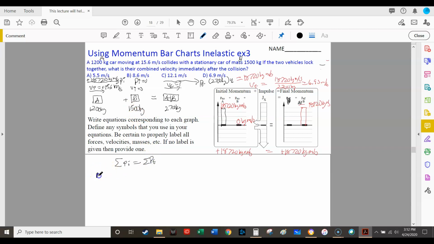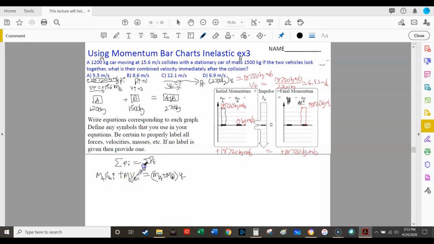Well, the initial momentum of block A and the initial momentum of block B, that's equal to the final momentum of both of them combined. Okay?